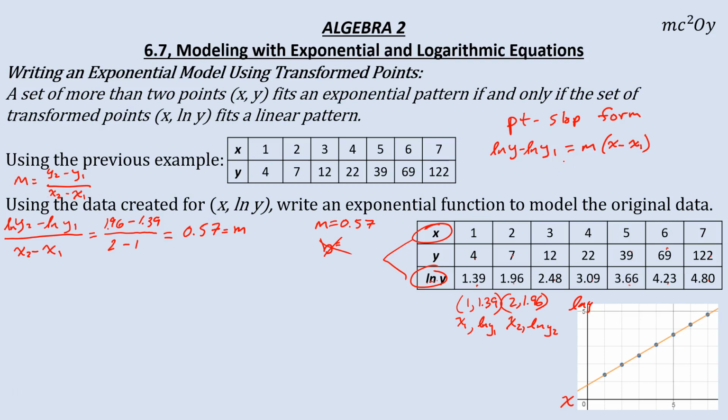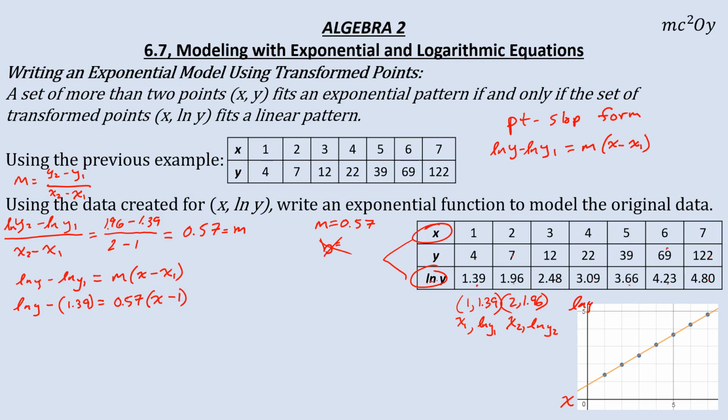I'm going to say, okay, well, ln y minus ln y1 is equal to m times x minus x1. Okay, well, that is ln y minus 1.39 equals m, which is 0.57, I just found that, times x minus, well, x1 is 1.